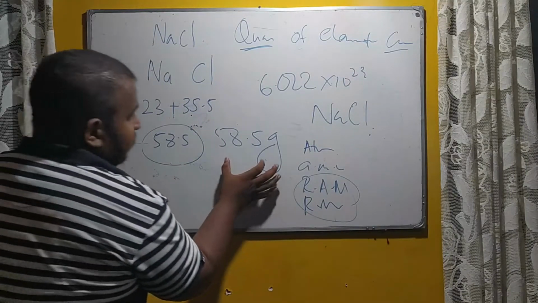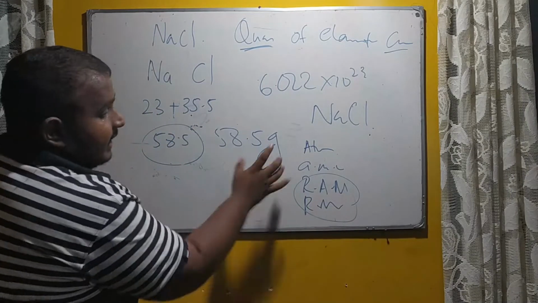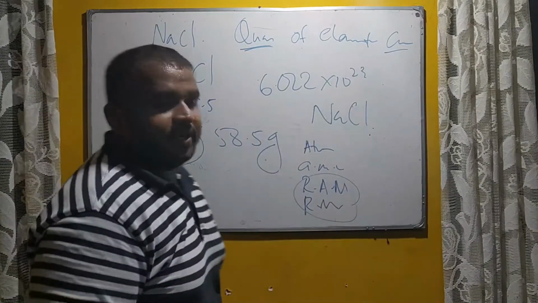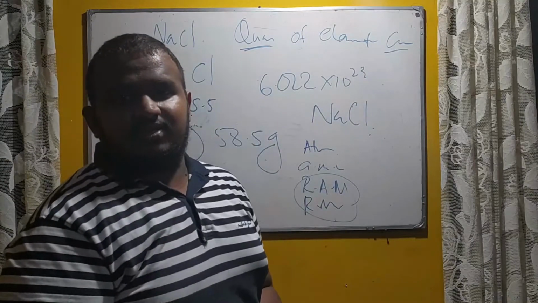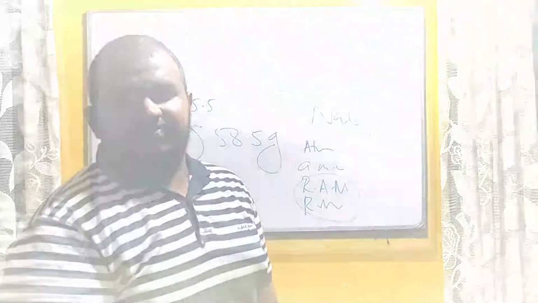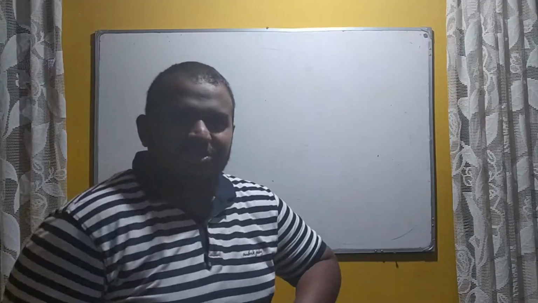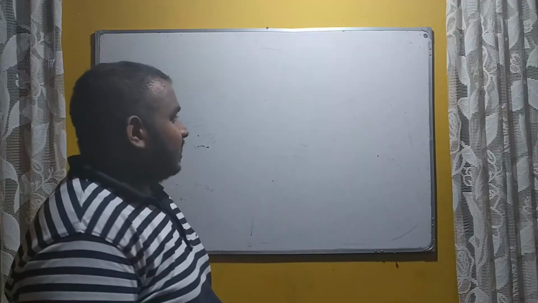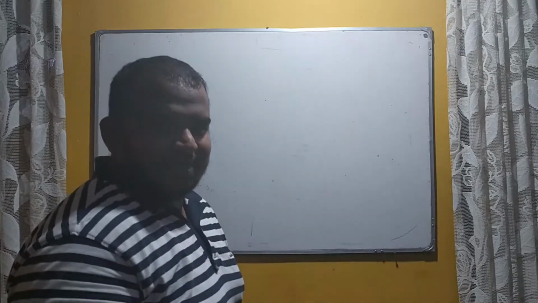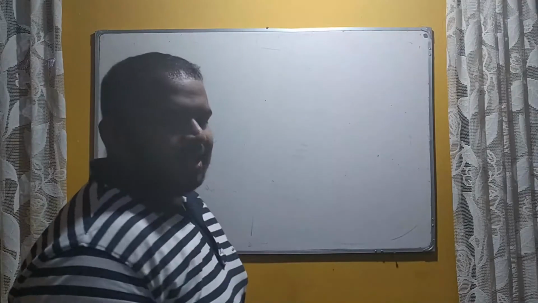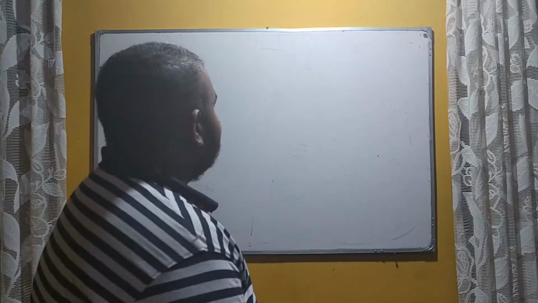If you take 58.5 grams of sodium chloride, there will be 6.0 × 10^23 sodium chloride compounds. I am going for another example, the Avogadro constant. I will put up the past paper questions after the unit is over, to show how past paper questions come.